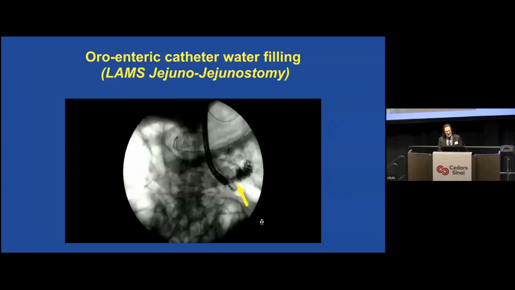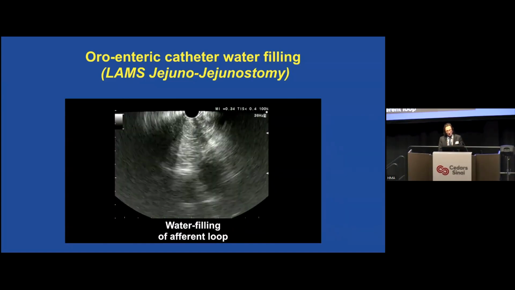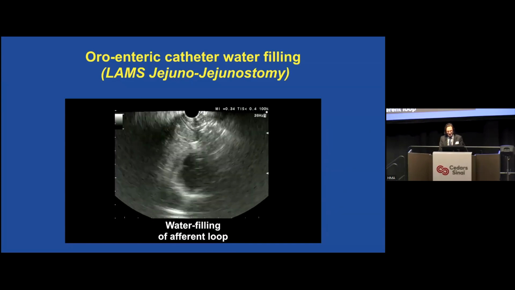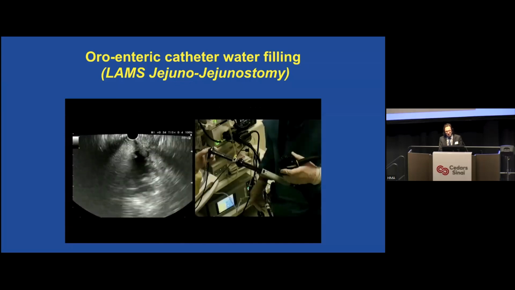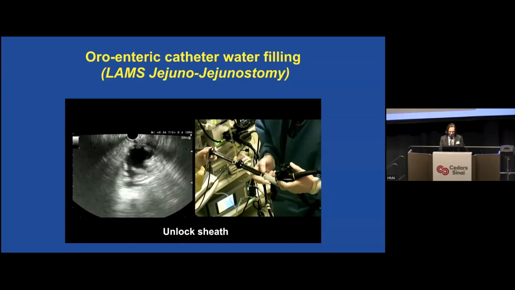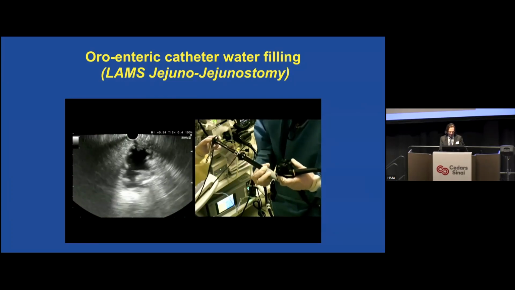We can define the afferent loop under fluoroscopy. We can place the tip of our echoendoscope at the desired location, and then we can proceed with creating the gastrojejunostomy. And you're already very well familiar with the steps for the LAMS placement.